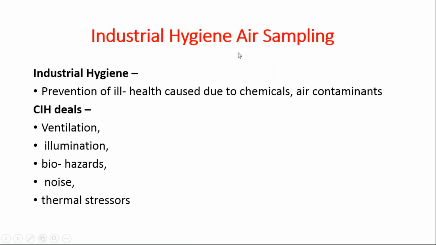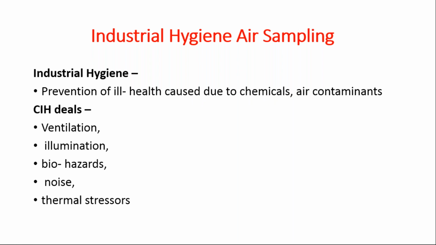Our today's chapter is industrial hygiene air sampling. What is industrial hygiene? Industrial hygiene is prevention of ill health caused due to chemicals and air contaminants.